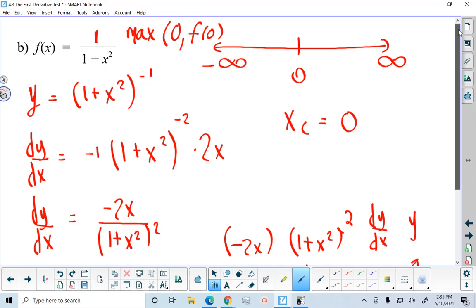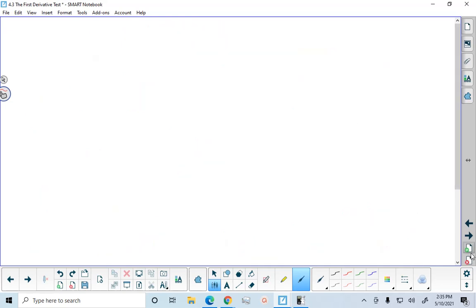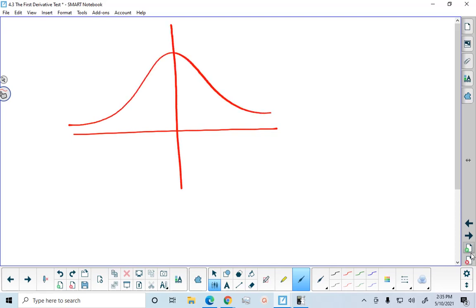There's a max at 0, comma 1. And if I had to guess, I believe this graph is going to look like the following, something like this. We'll have an asymptote here, and it will cross the y-axis with a maximum value at 1.